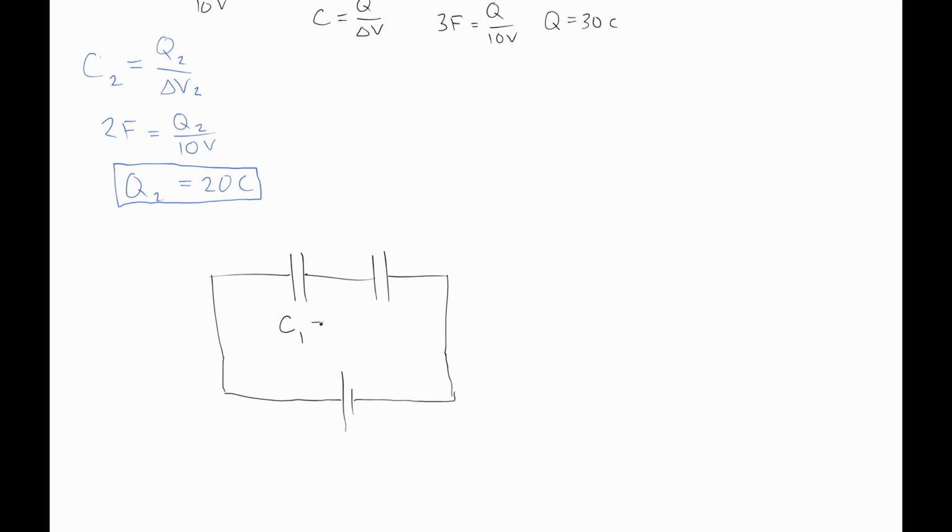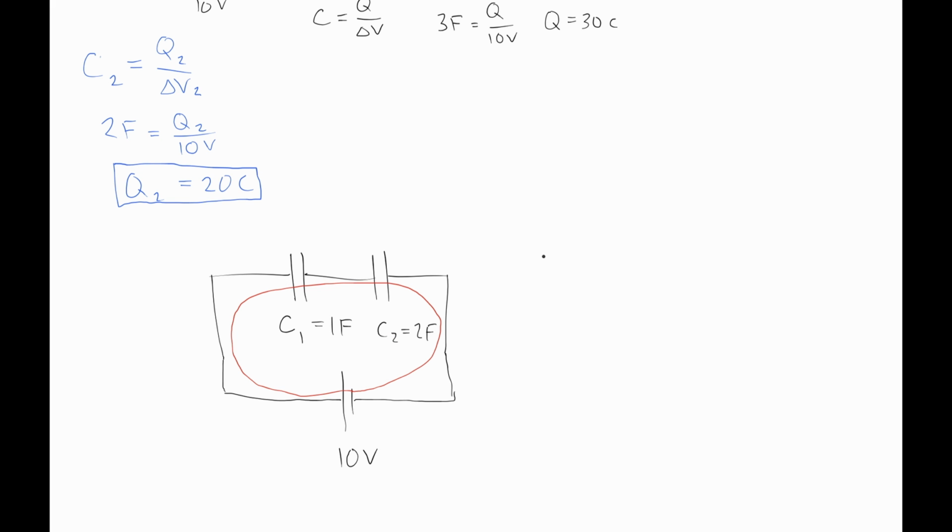Let's let C1 be 1 farad and C2 can be 2 farads. Got a 10-volt battery. According to Kirchhoff's loop law, if we go through an entire loop, we have to lose as much potential as we gain.